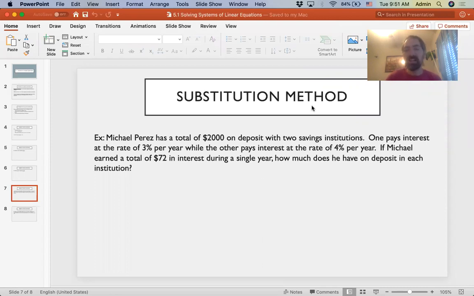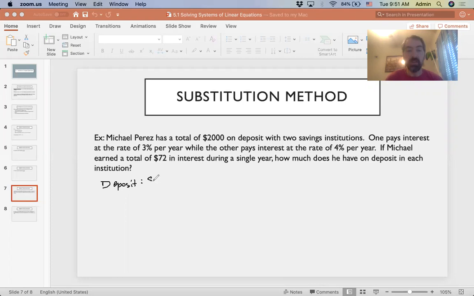All right, so you're going to need to be able to read a word problem, understand what it's asking you, and understand what information they're giving you. Okay, so we have two things happening here, right? We're given information about how much he has on deposit. I'm going to write this down.